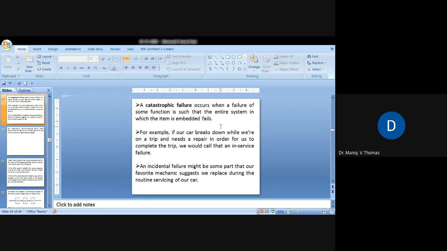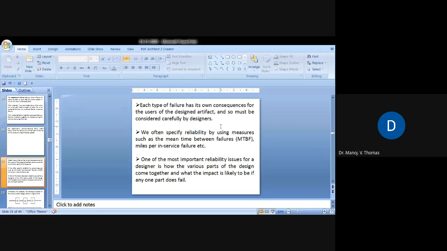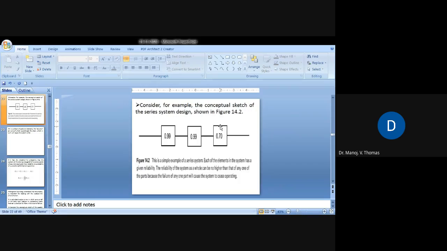An incidental failure might be some part that our favorite mechanic suggests we replace during the routine servicing of our car. Catastrophic, accident-causing failure might follow from the failure of a critical part of the car while we are driving at freeway speeds. So mean time between failure is one factor. So this is reliability. So there is a serial system. Here serial system means one system.